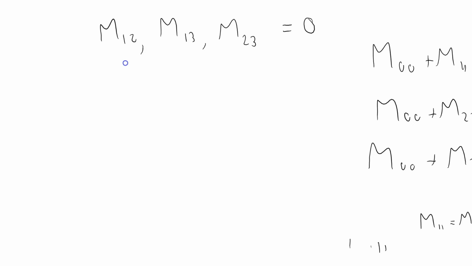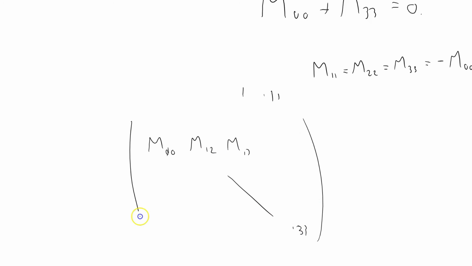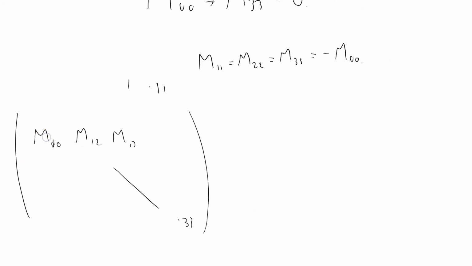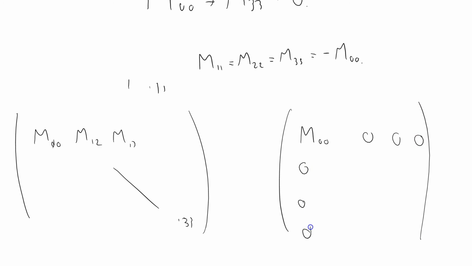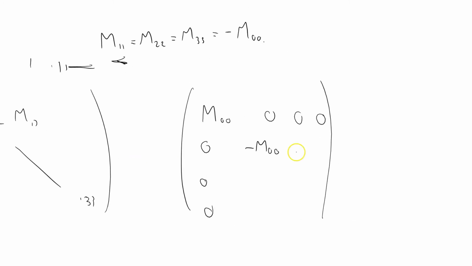We've done quite a lot of work here. So what does that tell us? That tells us that the matrix, which was M00, 0, M12, M13, and all the way down to M33, I can use these relationships here and specify M00, 0, 0, 0, then 0, minus M00 from this relationship here.